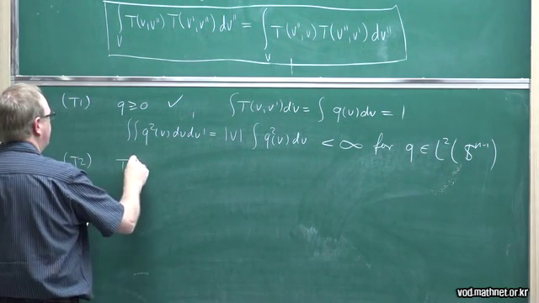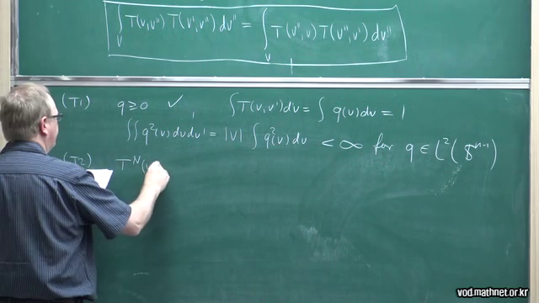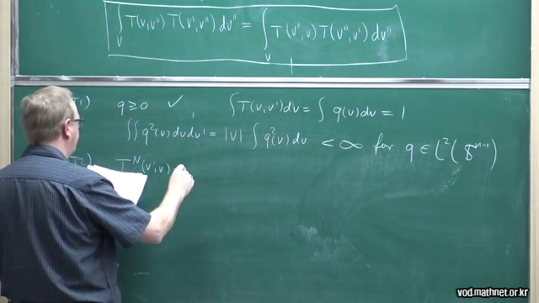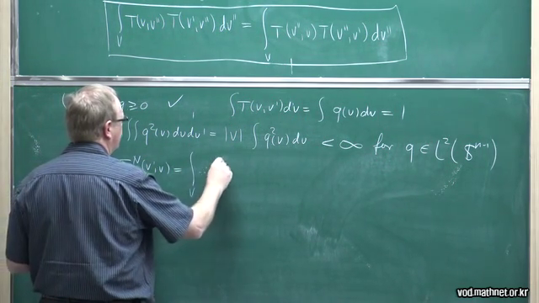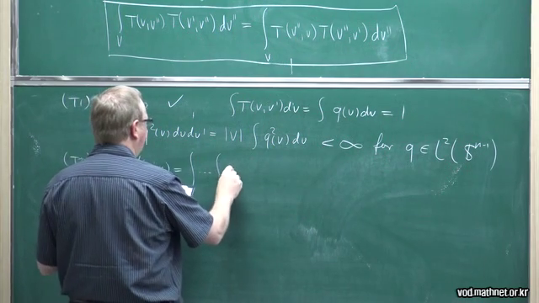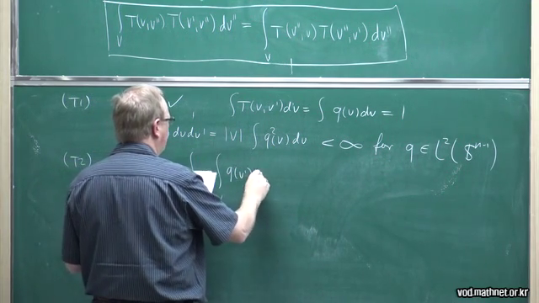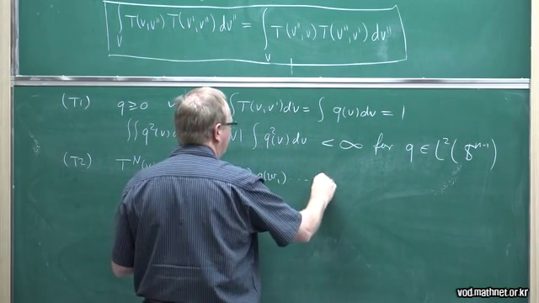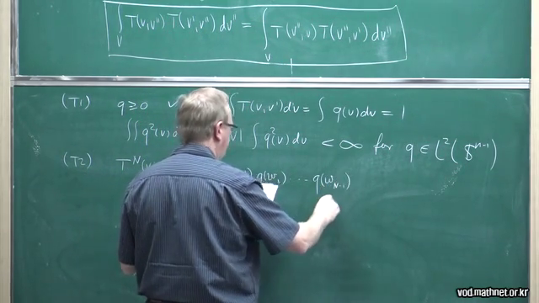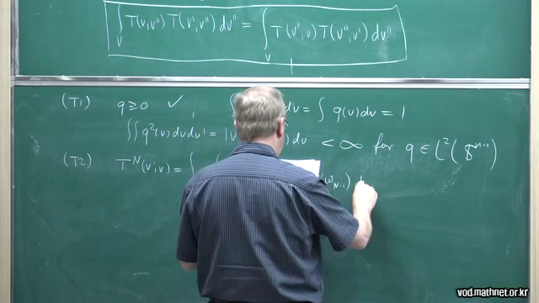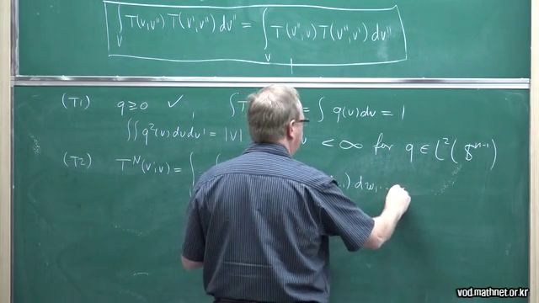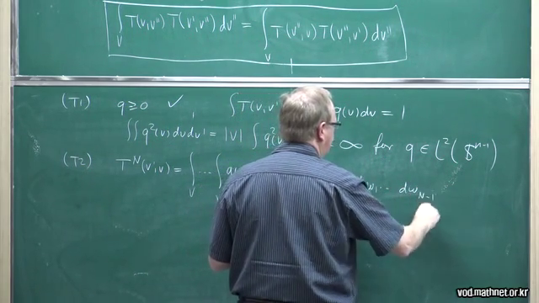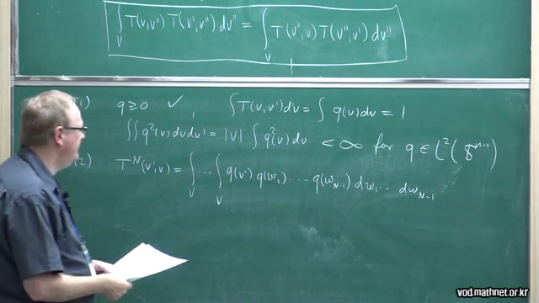What is T to the n of (v', v)? By definition, that is an integral, many integrals, of q(v') q(w1) and so on up to q(w_{n-1}), dw1 to dw_{n-1}.